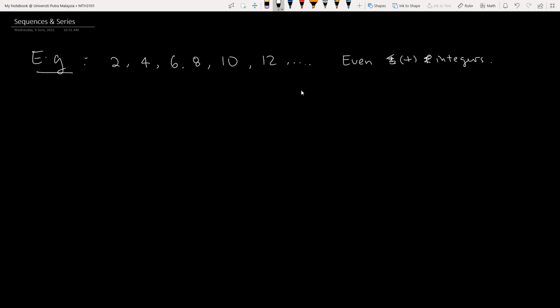Okay, so because it has 2, 4, 6, 8, and so on. So this is like an infinite series or infinite sequence of even and positive integers. Okay, let's see the terminology. The first thing is terms, number of terms.